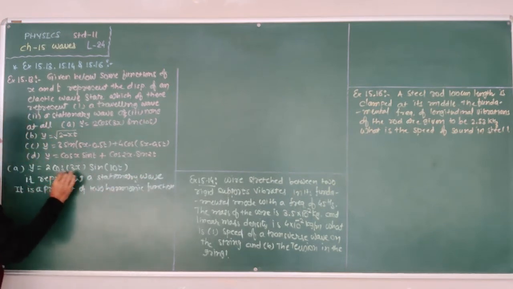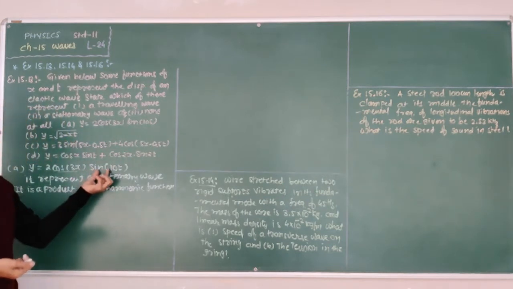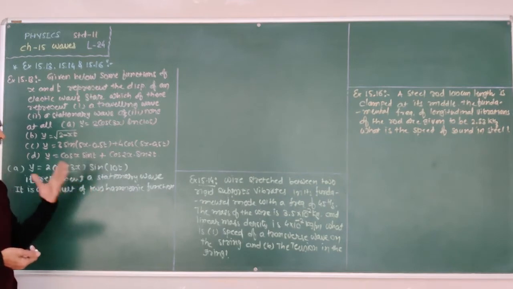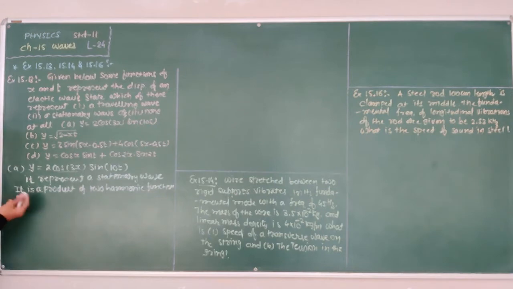One is in terms of cos 3x, that means in terms of position, and second is in terms of time t. So it represents a stationary wave.